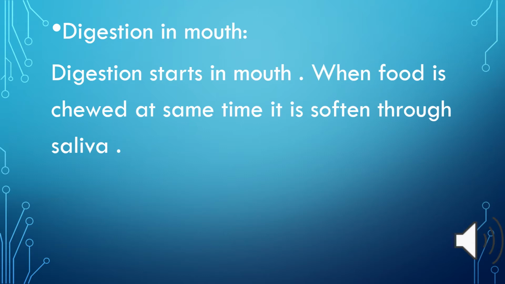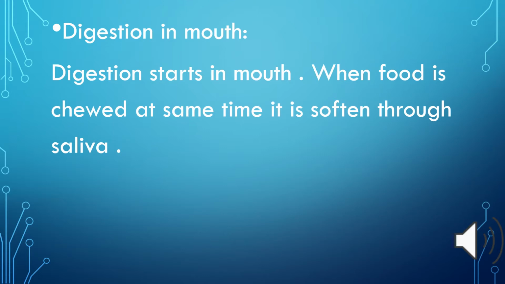Dear students, as you had the definition and explanation of digestion, you now know somewhat about digestion, but here we will explain and elaborate the things which come in the digestion process. It starts in mouth.